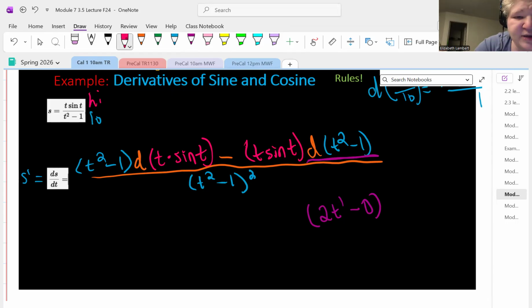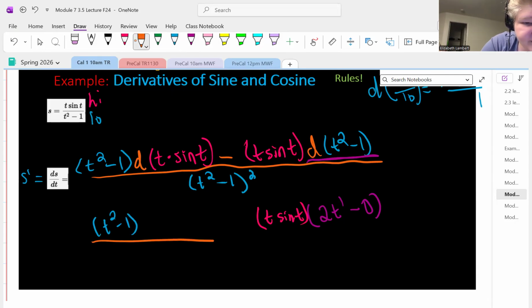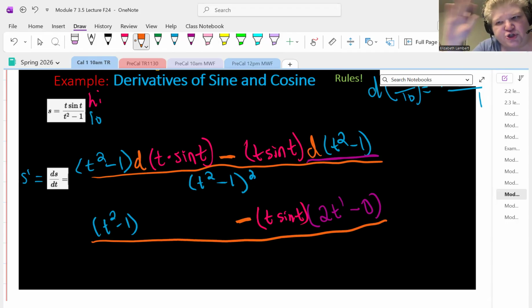All right, now I'm going to rewrite my other piece, the t sine t. And up front, I got my t squared minus 1. Now there's a minus in between. Don't forget that minus sign. It is very easy to lose it in your work, especially if you have stray pencil marks. So I like to be very deliberate.